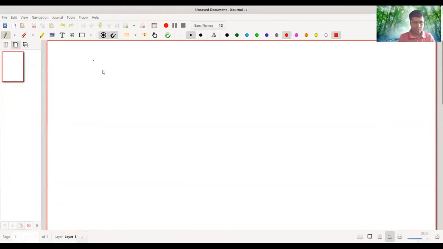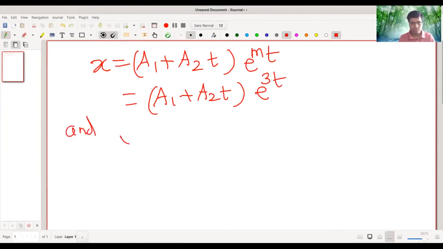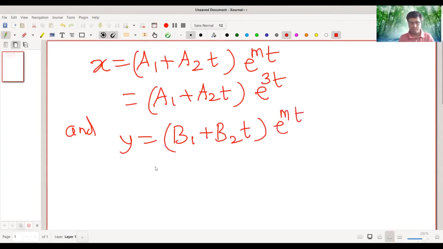x equal to a1 plus a2t into e raised to mt, that is a1 plus a2t into e raised to 3t, and y equal to b1 plus b2t into e raised to mt, so that b1 plus b2t e raised to 3t.